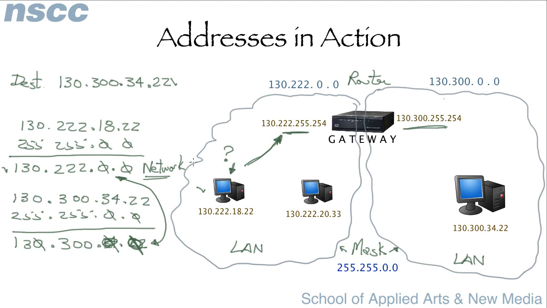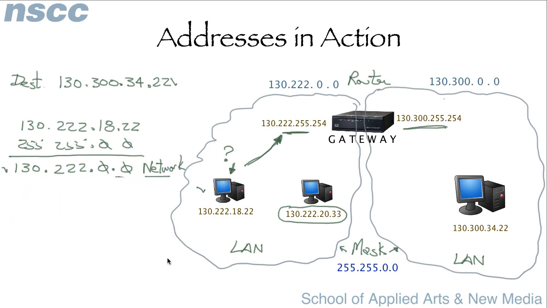If, however, it was sending a packet to this address right here, let's see what would happen. We'll just change some of this information here. So we have 130.222.20.33.